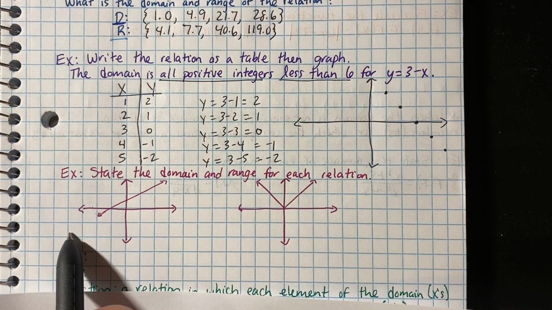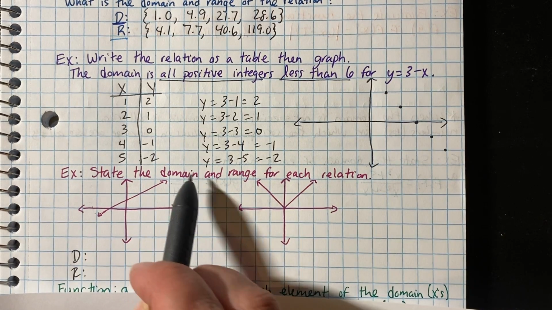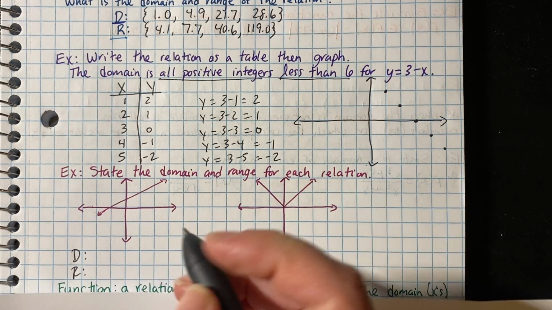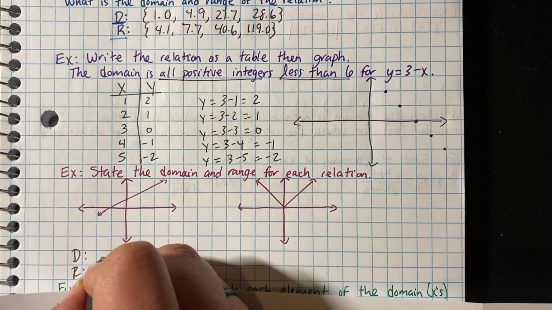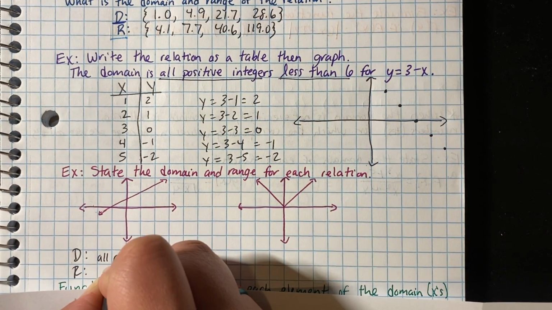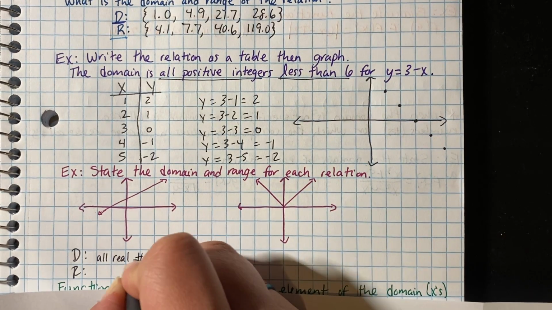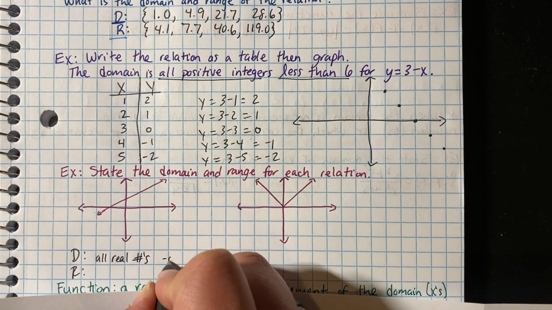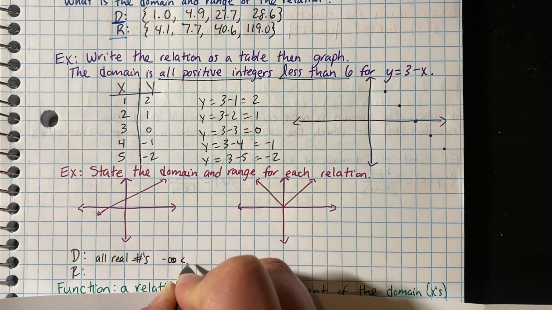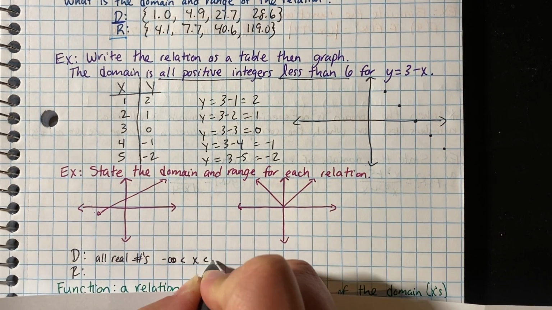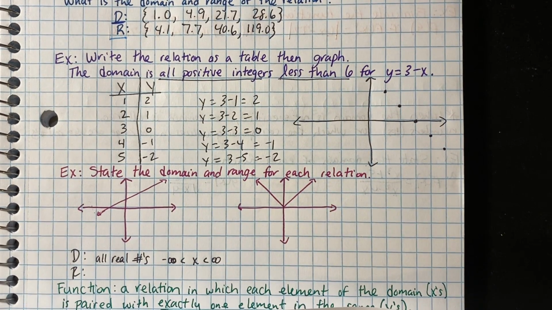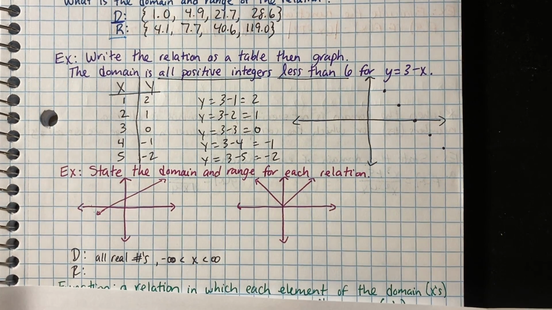Looks like this goes forever on in the x and this goes forever on in the x. So that means that my domain, we could say that it is all real numbers. We could say that it is negative infinity to positive infinity. Okay, so it's just two different ways to write it.